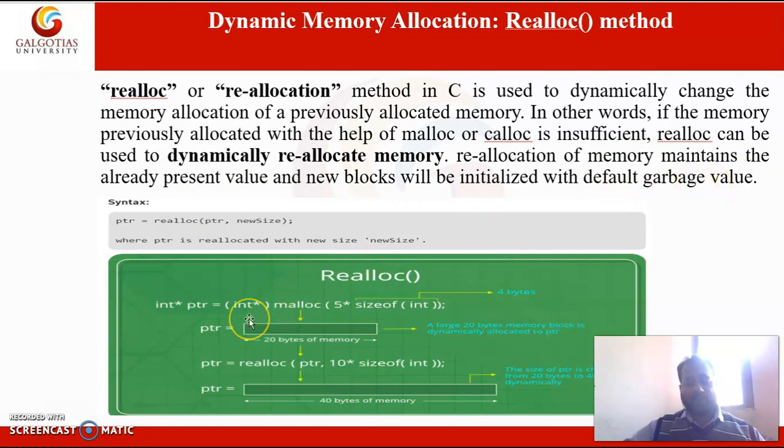Suppose we used malloc or calloc for allocating memory space, but later found that it is not sufficient and we want more memory space. In that case we can use reallocation to allocate more memory blocks to the same variable so that more elements can be stored there.